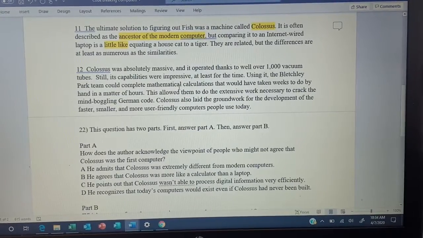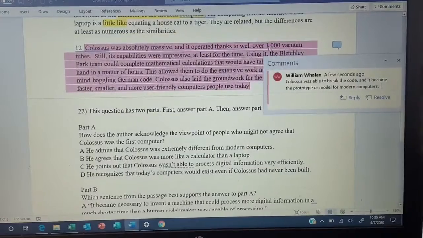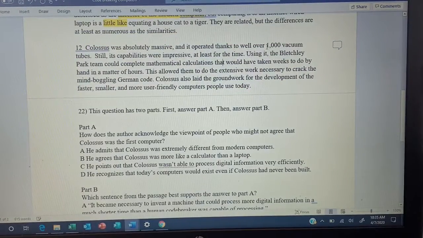So the main gist of this paragraph and how it relates to the topic of code breakers during World War II in Bletchley Park is just that we see that Colossus got the job done, and it became like the prototype or the kind of first model that laid the groundwork for how computers were going to work today. And this thing's pretty interesting. It's 1,000 vacuum tubes.